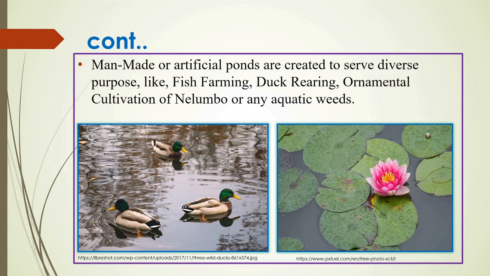Ponds are also constructed for the cultivation of aquatic weeds like marine algae, chlorella, sargassum, spirogyra, azolla, chlorophyta, which are cultivated in the ponds for their nutritional and therapeutic value.